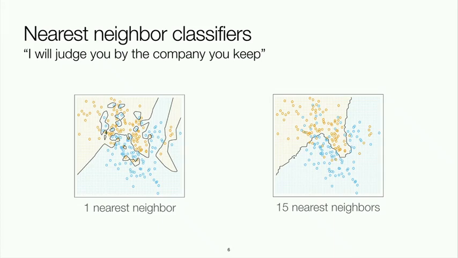And here we can see that, at least pictorially, what this 15 nearest neighbor does is it really smooths out the rough edges, the jagged lines, the places where we're susceptible to outliers and noise, compared to this one nearest neighbor decision boundary. That's kind of nice about scaling up K.